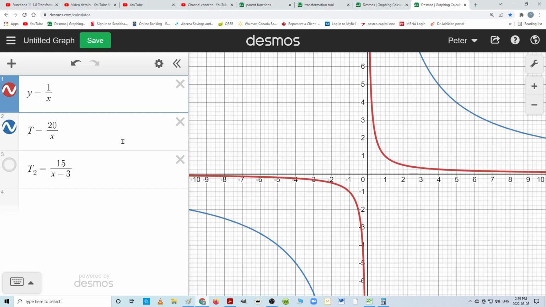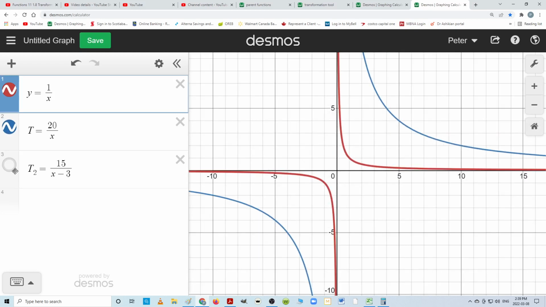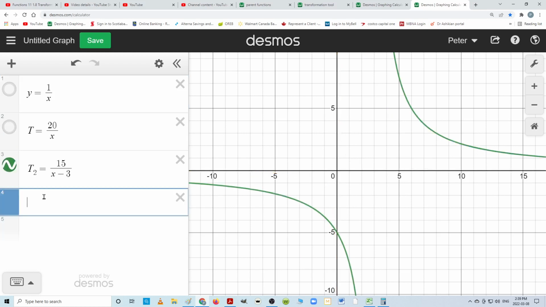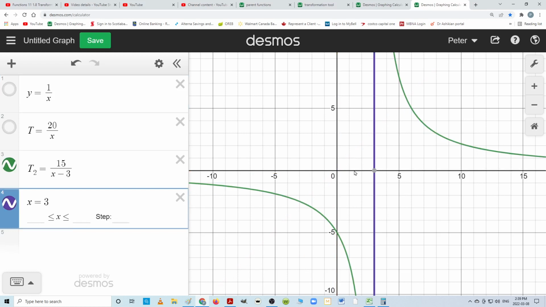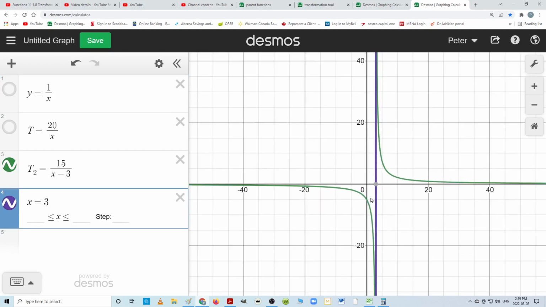Here's the vertically stretched graph. And here's the less vertically stretched one, translated to the right by 1. I also want to put up the new asymptote there. And you can see it's the only one whose asymptote has changed.